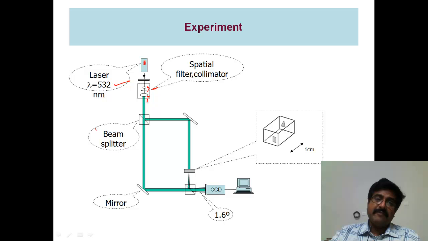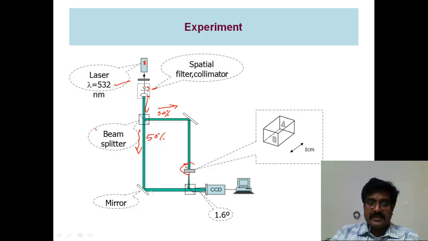So this is a plane wavefront, and there is a beam splitter which splits the beam in various ratios. Let's say 50% intensity here and 50% intensity there. So it splits the intensity into two, and one goes in this direction and the other in that direction. This mirror reflects it and it passes through the object. This is the object, a three-dimensional object.